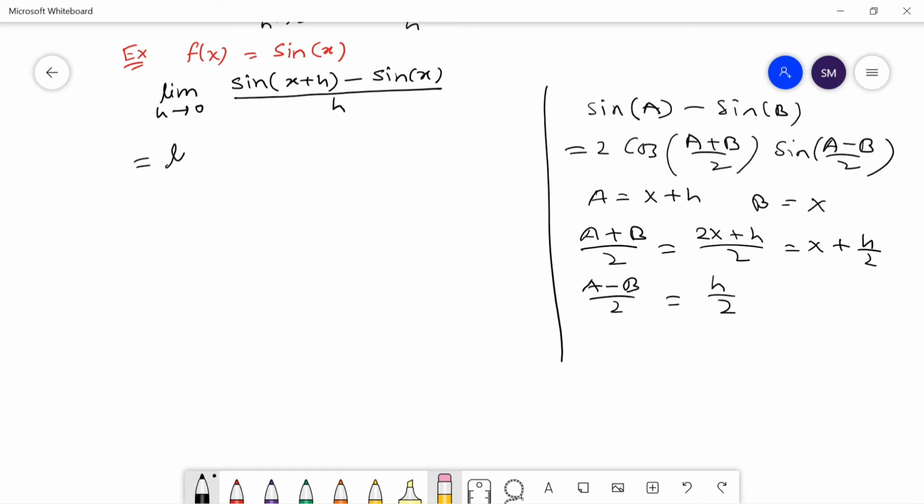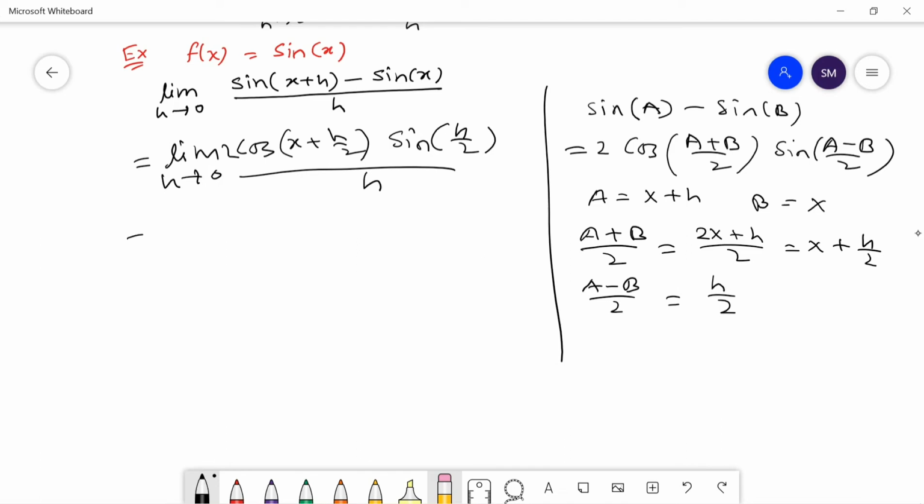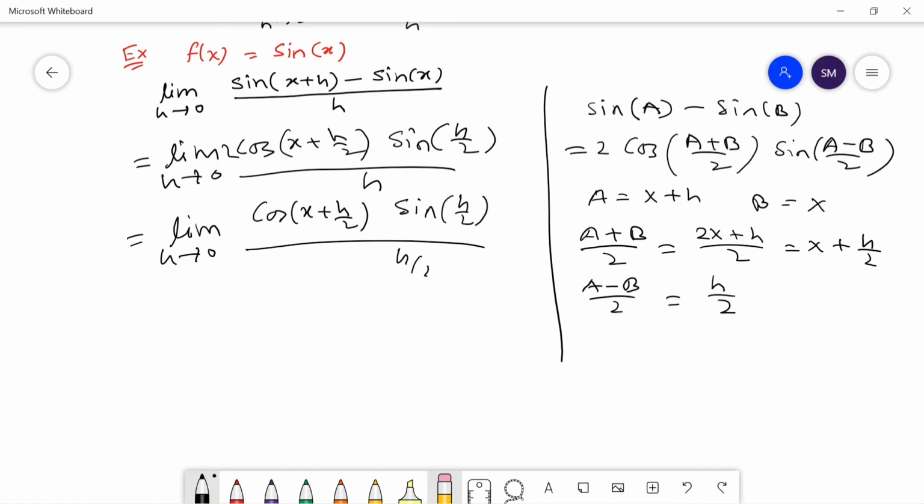So we can write this as limit h tends to 0 of 2 cosine of x plus h over 2 and sine of h over 2, over h. So this gives you limit h tends to 0 of cosine of x plus h over 2 times sine of h over 2 over h over 2.